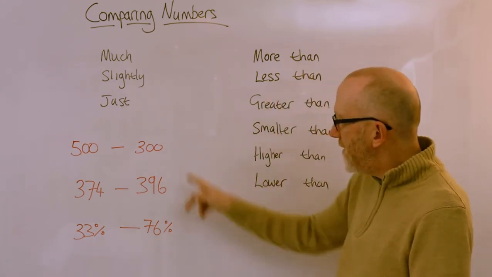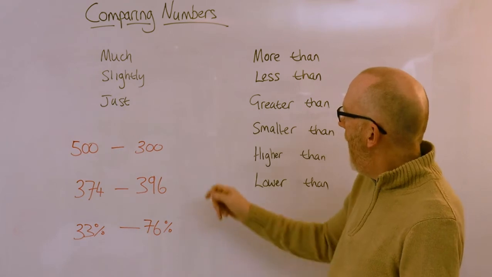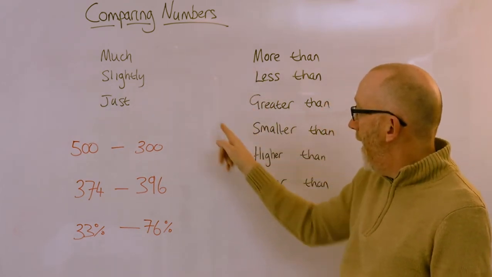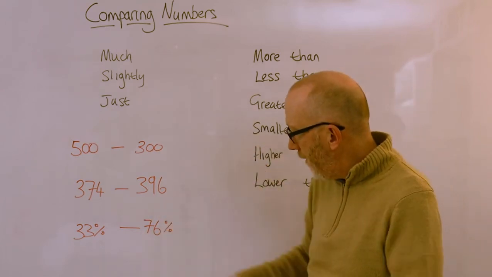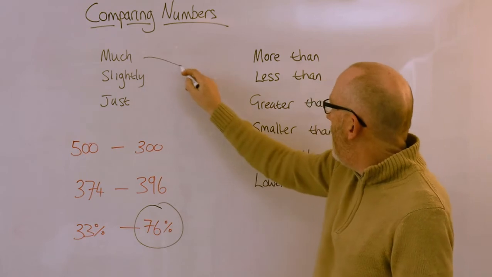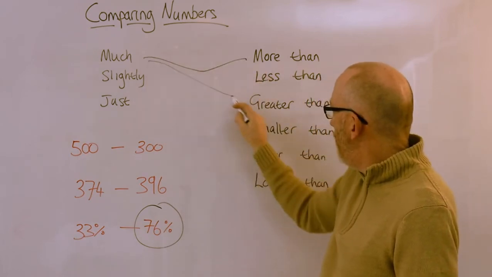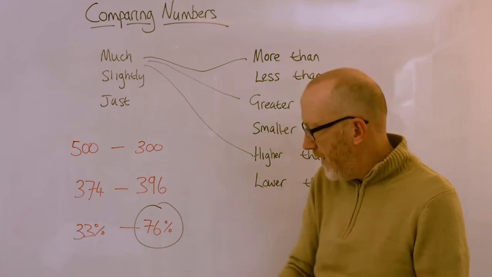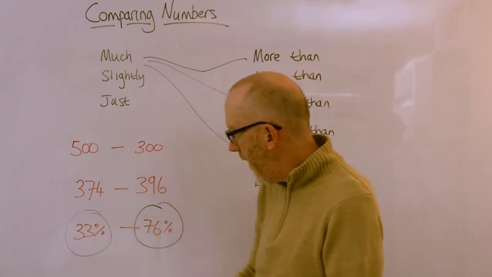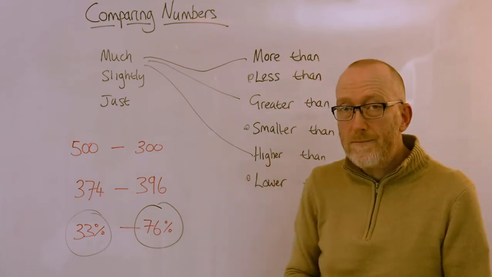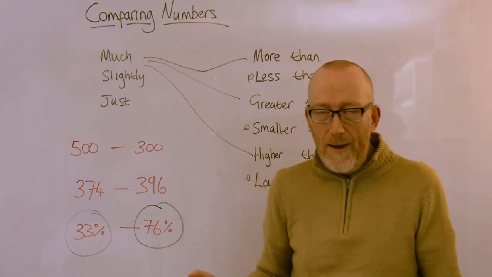Okay? So slightly doesn't quite work. Much more than, much higher than, and much greater than certainly work for this. This is much more than, much greater than, and much higher than this number. And alternatively, this number, okay, is much less, smaller, or lower. Yeah? Does that make sense?